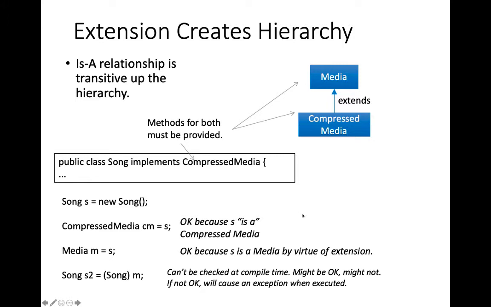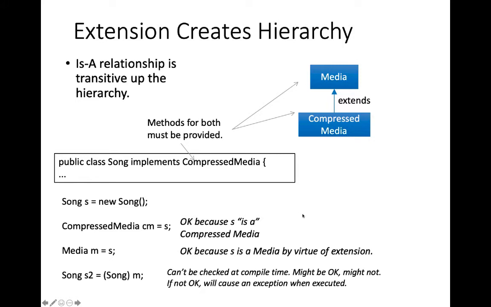So if I have a Song object and I use it in the second line, CompressedMedia cm equals s, that's okay, because s has an is-a relationship with CompressedMedia, and on the right-hand side I need something that is a CompressedMedia. But it's also okay to use Song anywhere I need a Media object, because CompressedMedia extends Media.